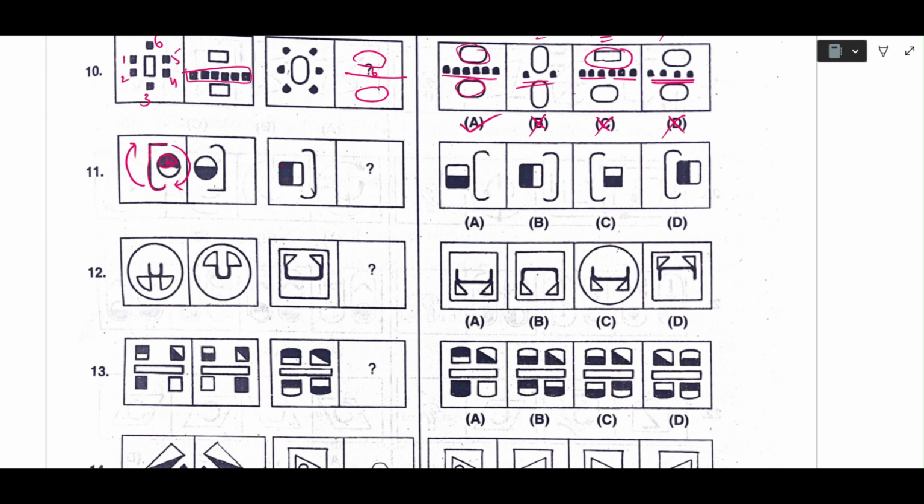Okay, so let's see the upside down of this figure. What will be the upside down of this figure? That will be the curve here and the line here. So where is this figure? We could see C is not matching, B is also in the reverse direction, so B is eliminated.